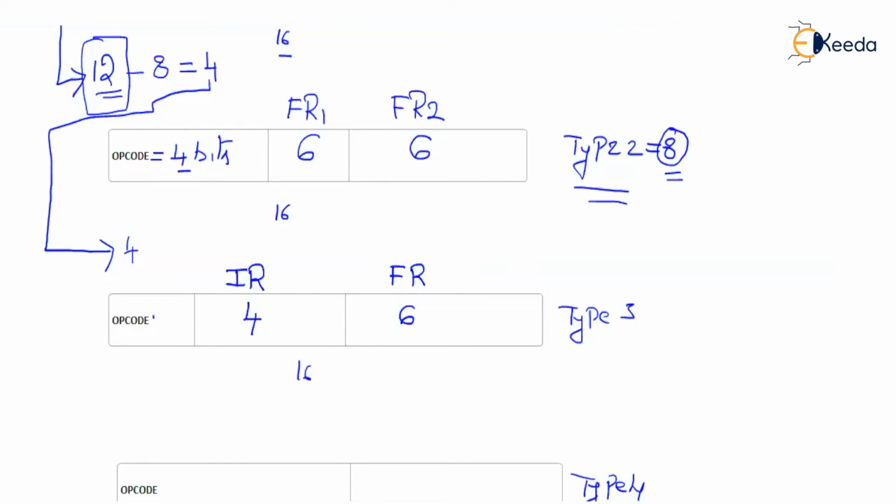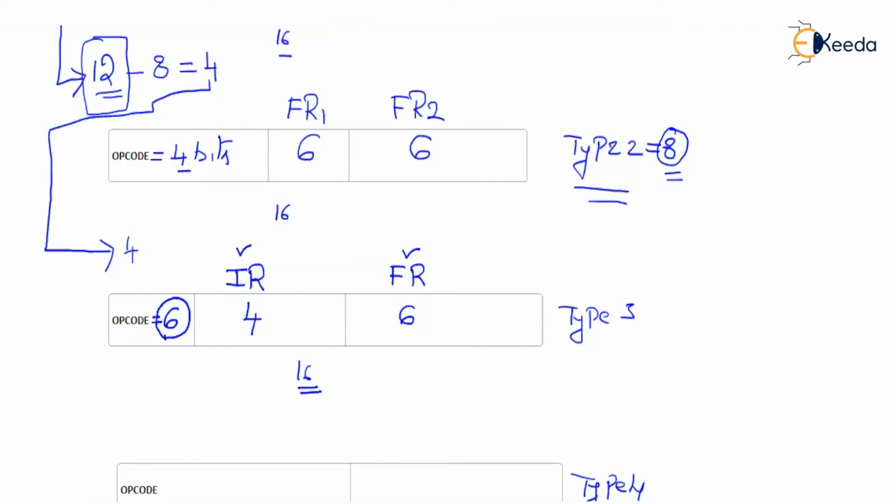So the opcode should be equal to 6 digits in the type 3 instructions. The number of digits assigned to the opcode is 6, because here we have 2 fields for the operands, IR and FR. The FR field will take 6 digits and the IR field will take 4 digits, after which we are left with 6 bits.